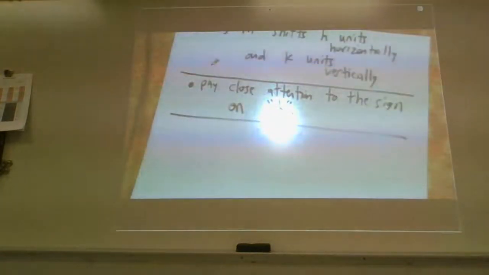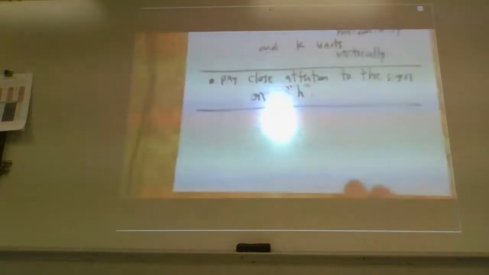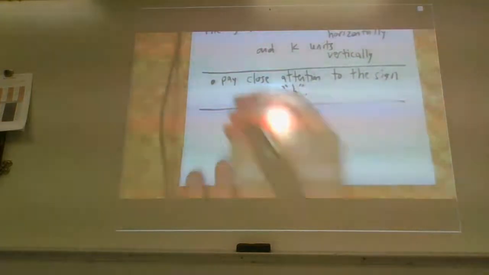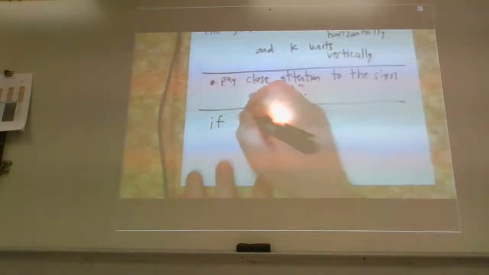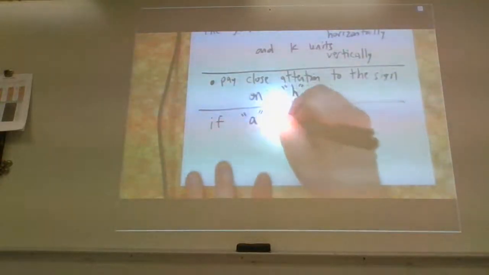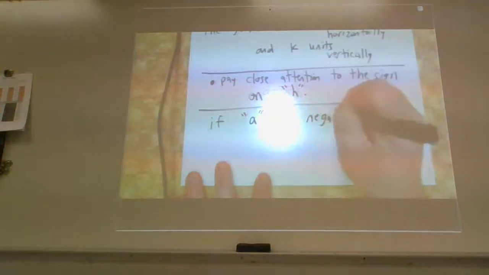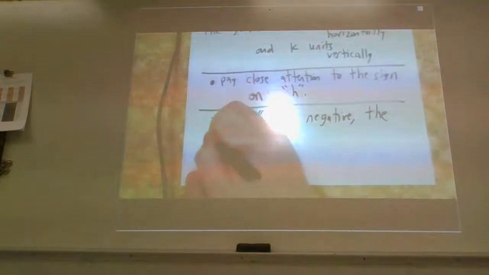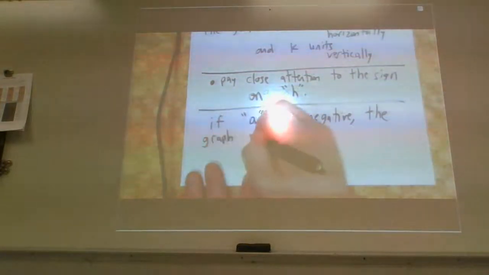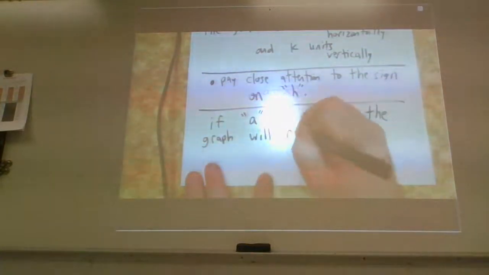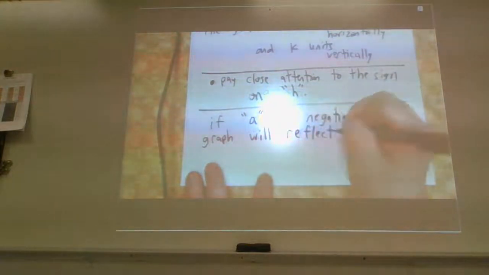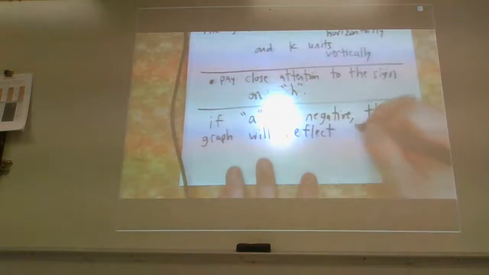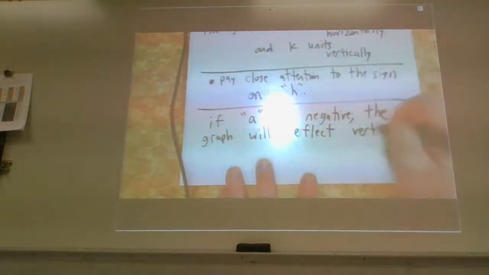Going back to the notes, just a couple last things that I want you to write down. If A is negative, the graph will reflect vertically.